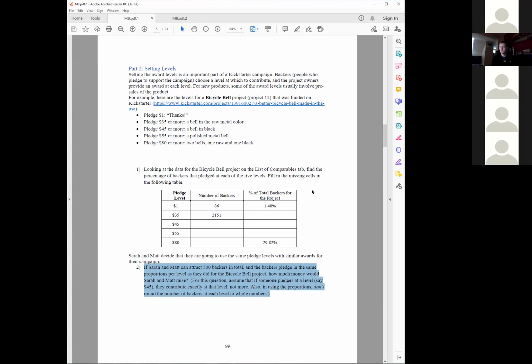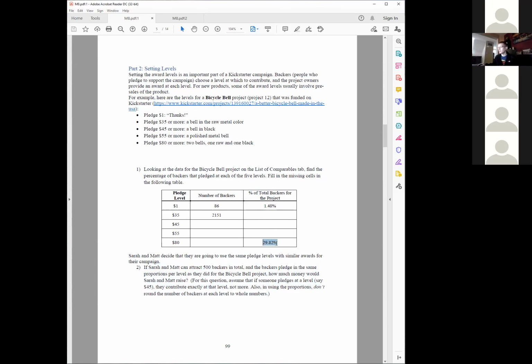So the idea here is we're going to essentially copy these numbers in this percentage column and make the assumption that, since this was a bike project and this was the distribution of their backers, my 500 people are going to be split up the exact same way. So I think 1.48% of my 500 people are going to give me $1.